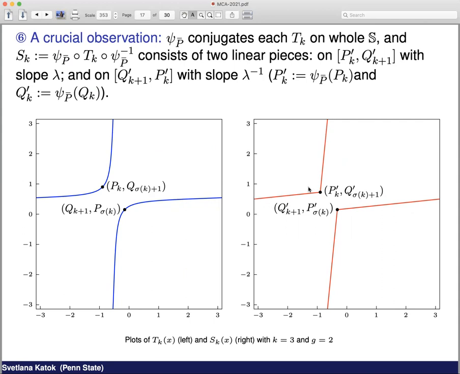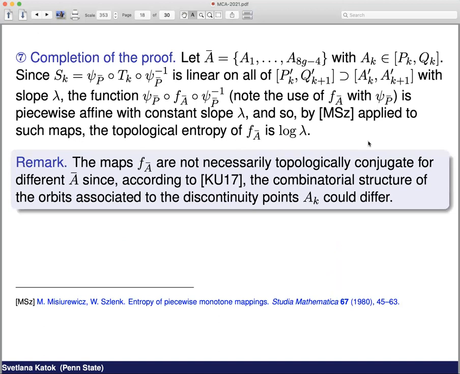So with two slopes. So slope lambda, it's in between these two points. This is a slope lambda, and this is a slope 1 over lambda. Okay, so of course this is very useful for us, and that also follows from this property of CP.